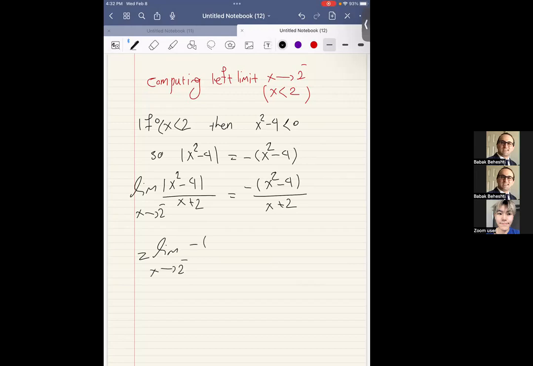Again, on the top you have x minus 2 times x plus 2, the only difference being an extra negative sign, divided by x minus 2.